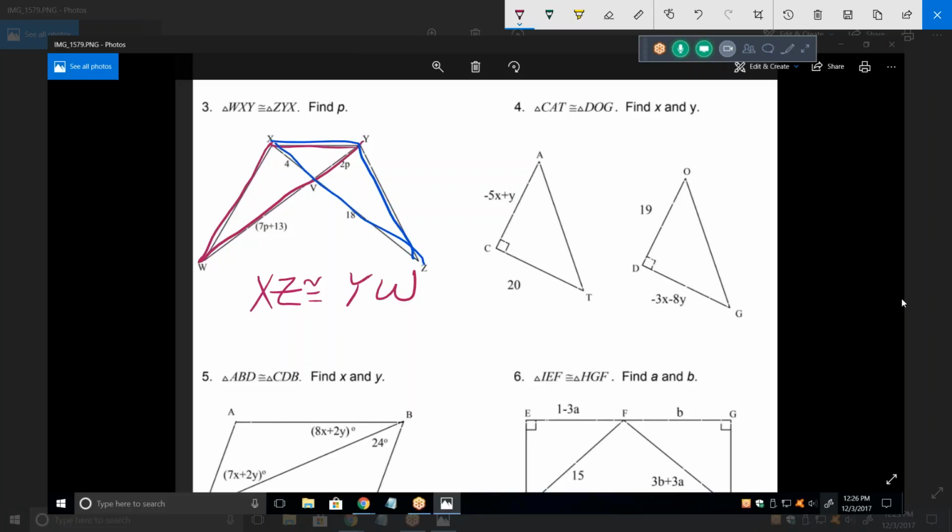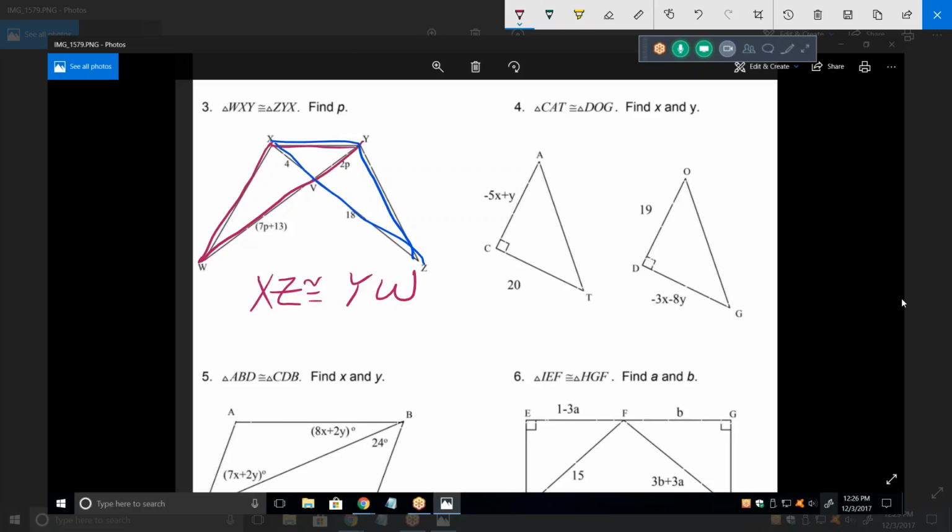Now, give me an equation. What is XZ equal to? B. Or 2p plus. Hold on, you're talking YW. Tell me what XZ is equal to. Isn't it the same thing though? Well, we're going to make that equal, but we need to know what XZ is.